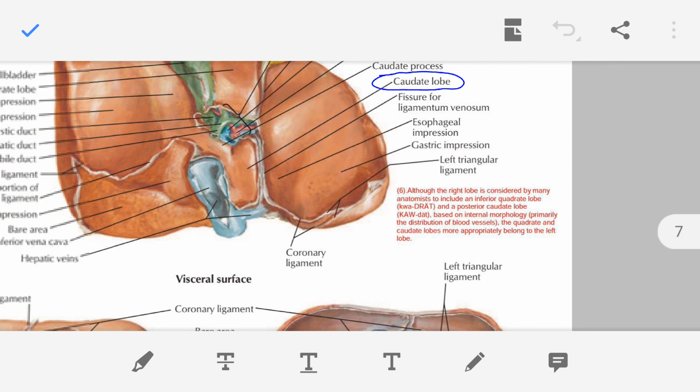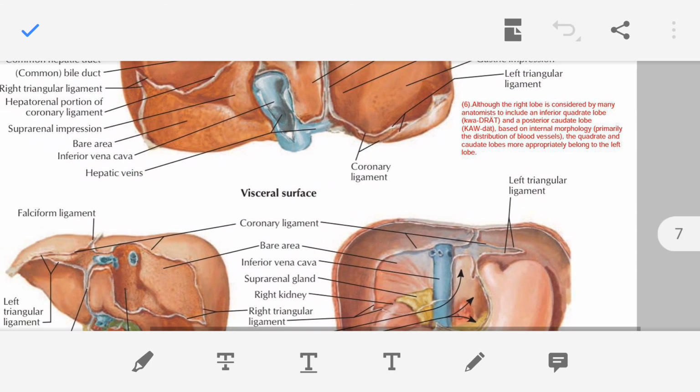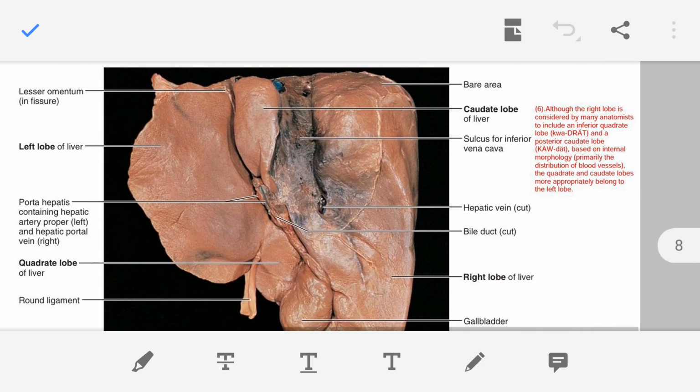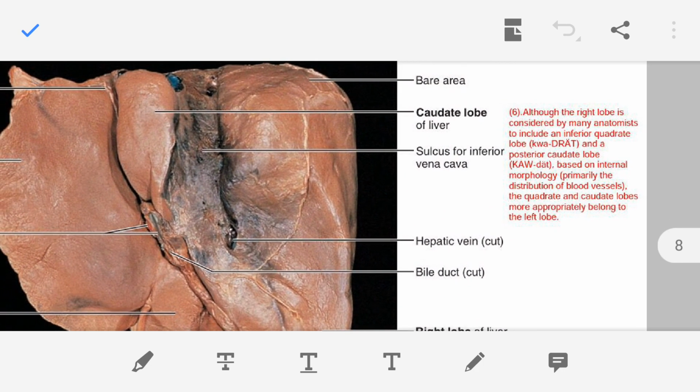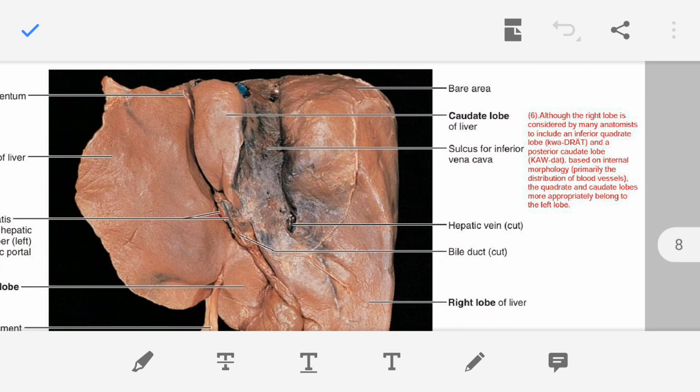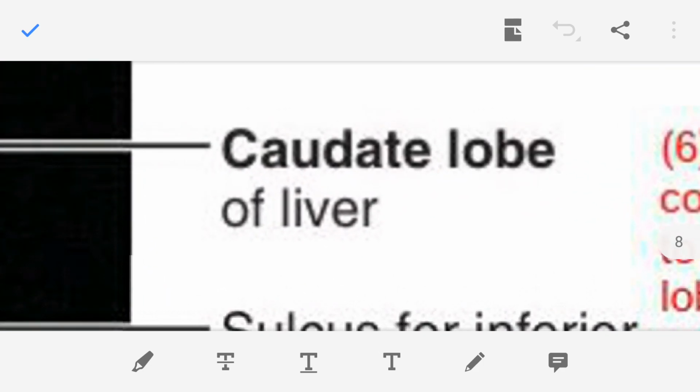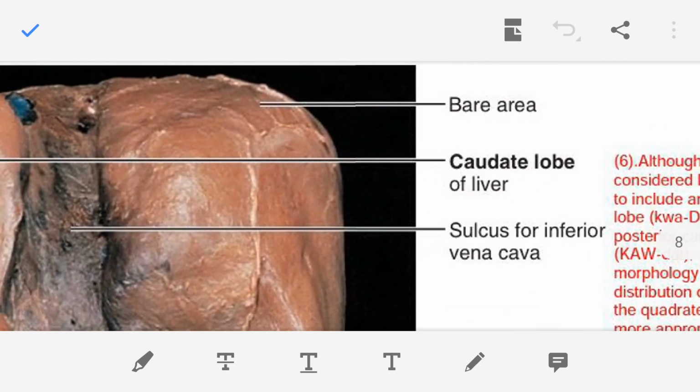So in this figure, I'm showing you the caudate lobe of liver.